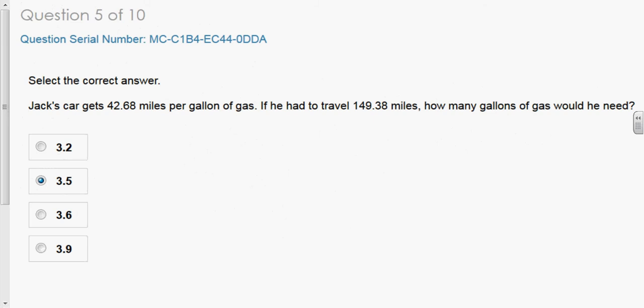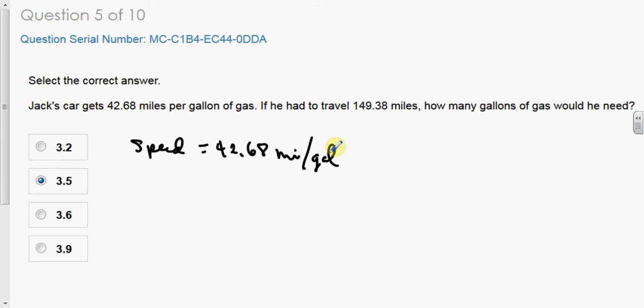Jack's car gets 42.68 miles per gallon of gas. That's his rate, right? 42.68 miles per gallon.